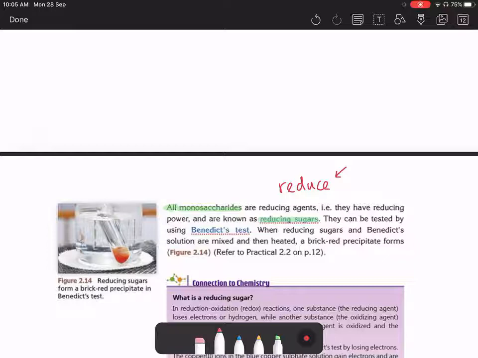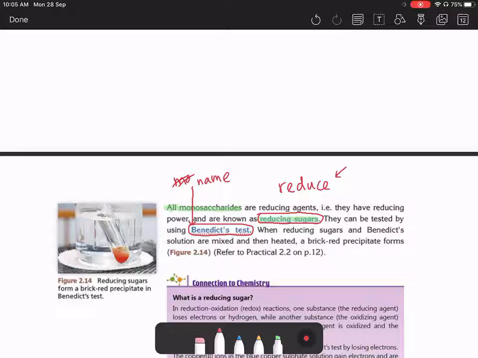So I'm not going to tell you what reducing means, but please remember, they are reducing sugars. And you have to test them using a test called Benedict's test. Benedict starts with a capital letter because it is the name of a scientist, okay?